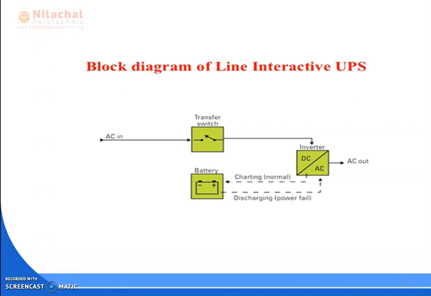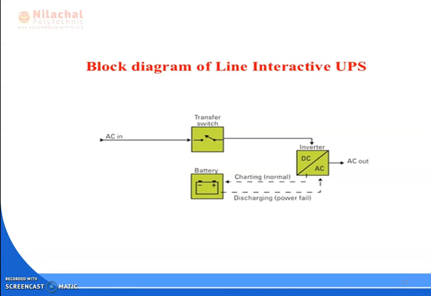It takes the AC current when the main AC power source is present. At the same point of time, it charges the battery normally, and when the current flows away, or when the current is off, the transfer switch is open. There is no AC input anymore.